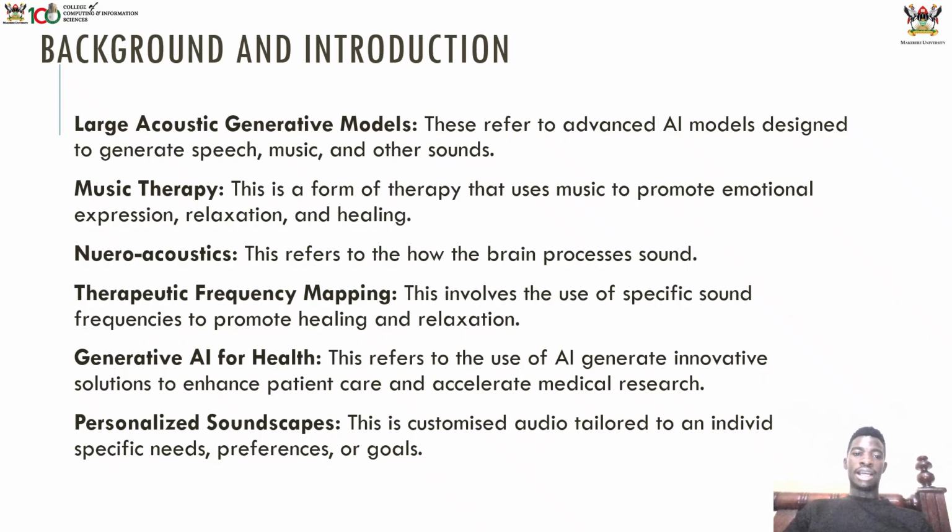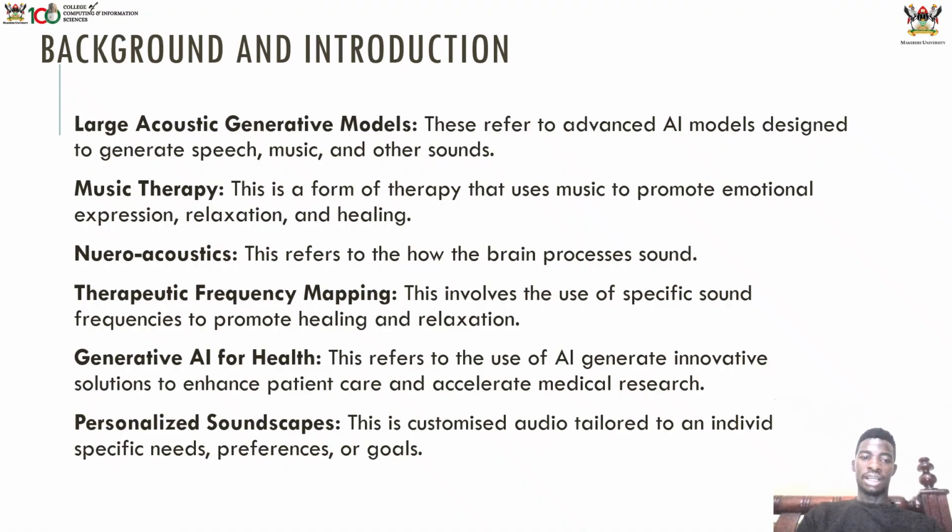We have large acoustic generative models, and this refers to AI models designed to generate speech. As you can see, the word acoustic means something like music, generative means generation, and then sound, which covers the large acoustic generative models.